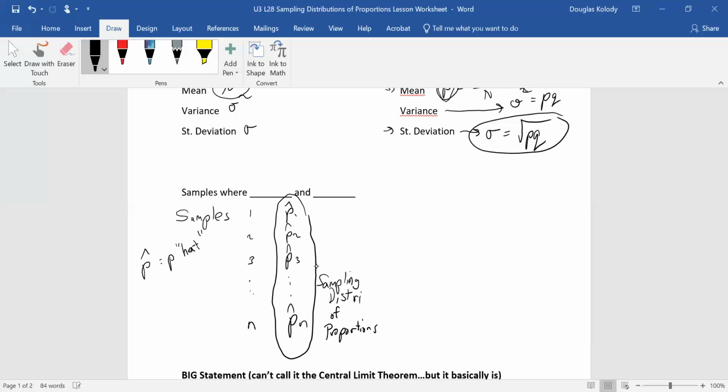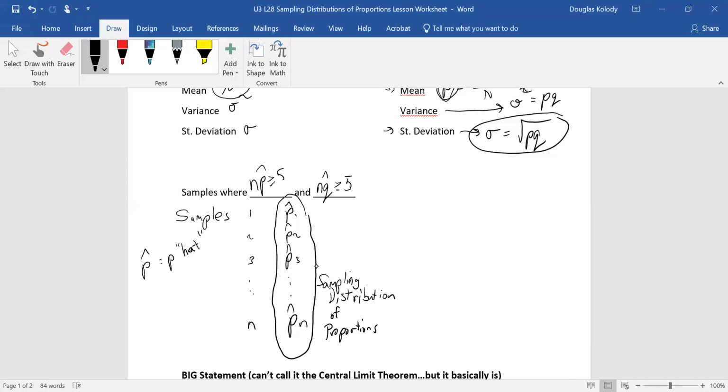And we're going to find out some information. Instead of saying the generic if n is greater than 30, like we did with the central limit theorem yesterday, I'm going to say n times p hat is greater than or equal to 5, and n times q hat is also greater than or equal to 5. This is going to be how we decide whether we get good samples here.